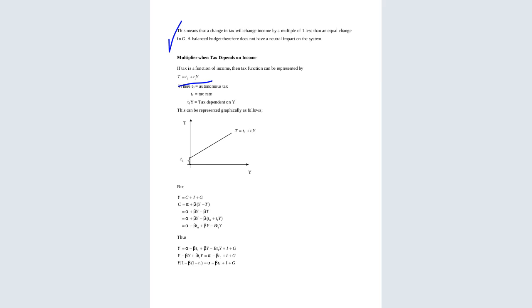The disposable income is given as Y minus T. But T is made up of T naught plus t1 Y. You can take this to the equation now so that you get our consumption is actually made up of this function, which is alpha minus beta t naught plus beta Y minus beta t1 Y.